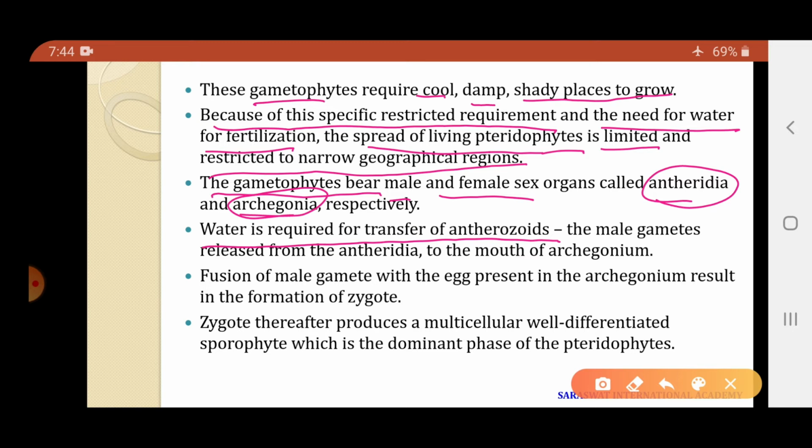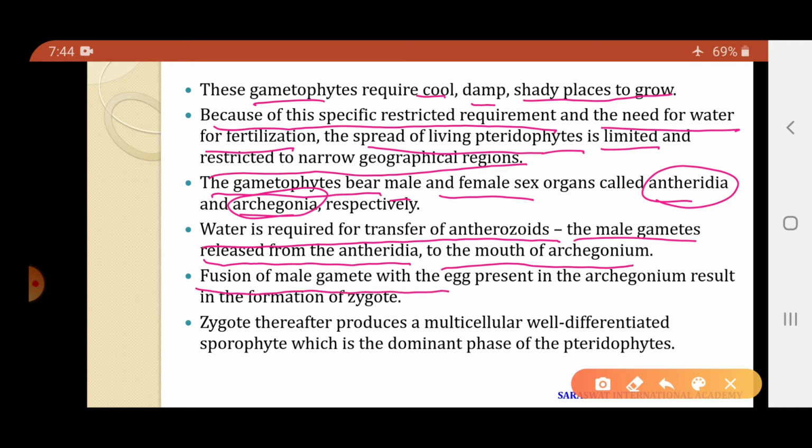Male gamete that is antherozoids, it swims in the water to reach the archegonium that is a female gamete and then enters into that archegonium where it will fuse with the egg. So water is required for the transfer of antherozoid which is the male gamete which is released from the antheridia to the mouth of the archegonium.